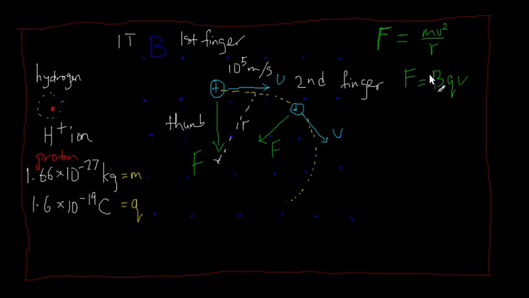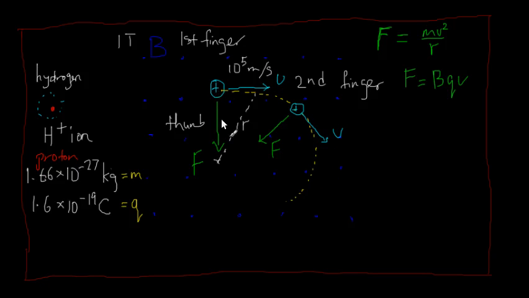Now if you look at these two equations, the way we understand this picture is that it is the magnetic force. As this charged particle, this proton, moves through the magnetic field, the magnetic field gives it a force. And it is this magnetic force that causes it to move around in a circle.